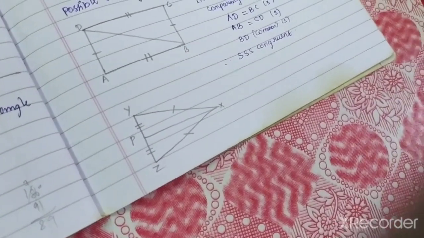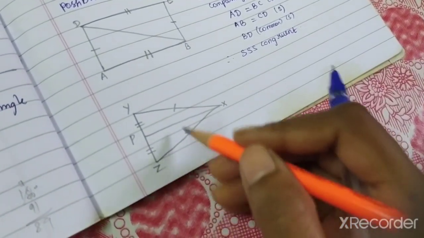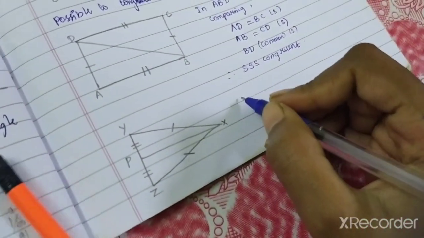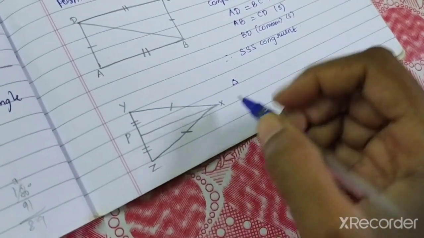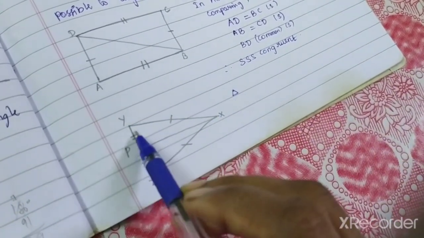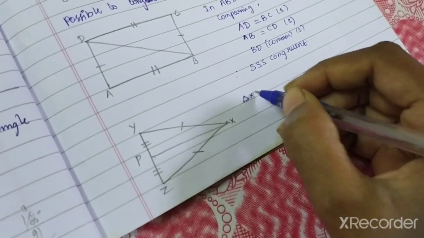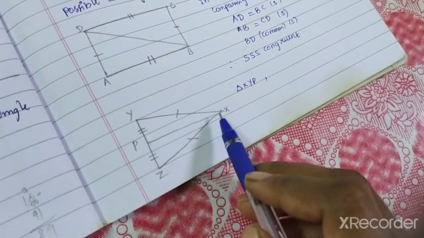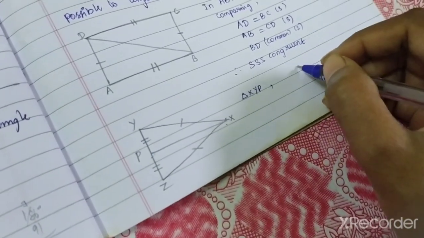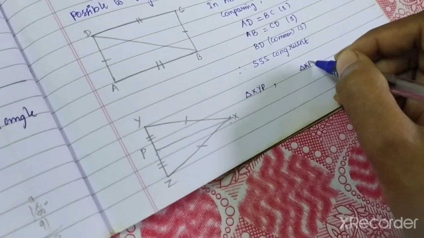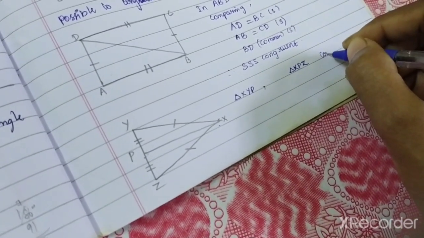So we are having a triangle like this. Okay, so one side and one side. So I am taking two triangles XYP and XPZ.